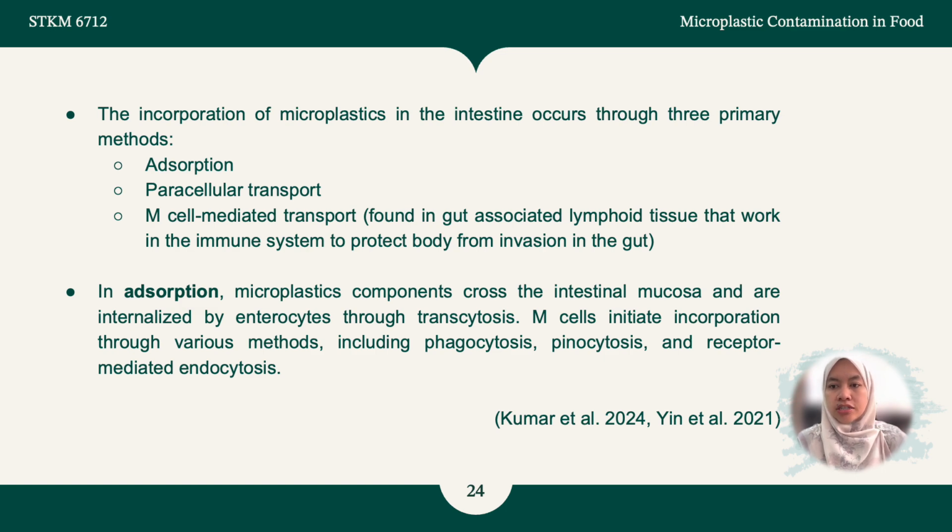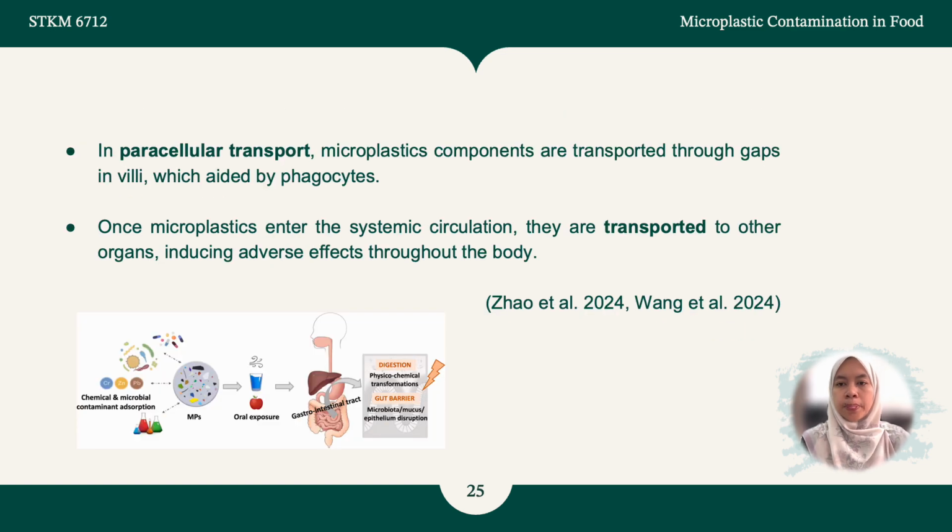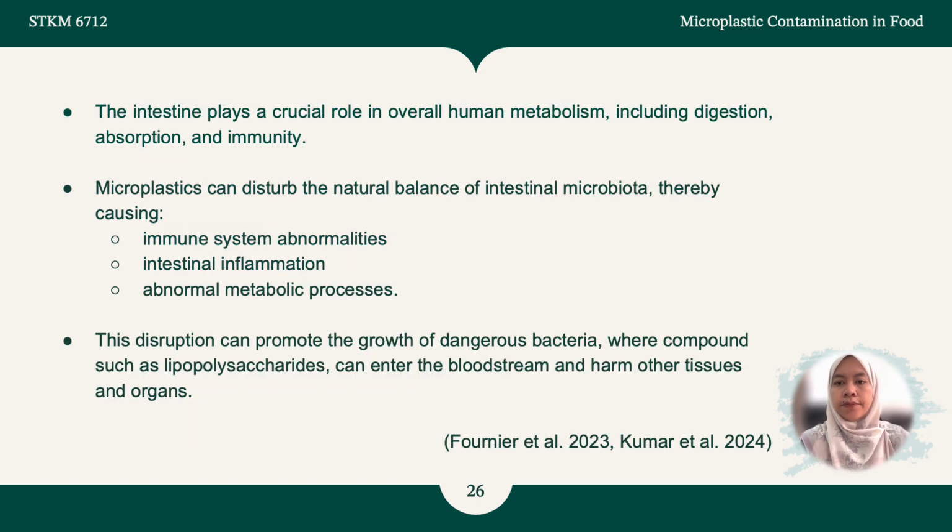M cells initiate incorporation through various methods, including phagocytosis, pinocytosis, and receptor-mediated endocytosis. In paracellular transport, microplastic components are transported through gaps in villi, aided by phagocytes. When microplastics enter the systemic circulation, they are transported to other organs, inducing adverse effects throughout the body.